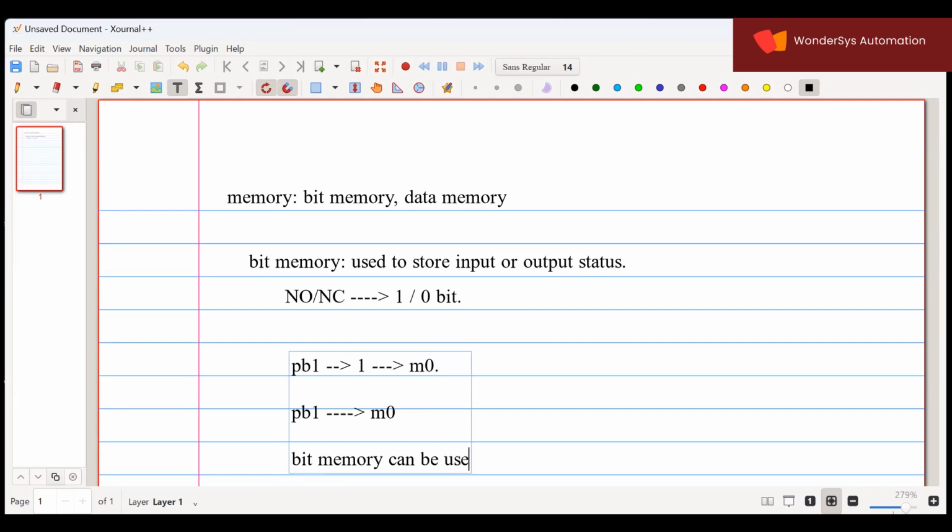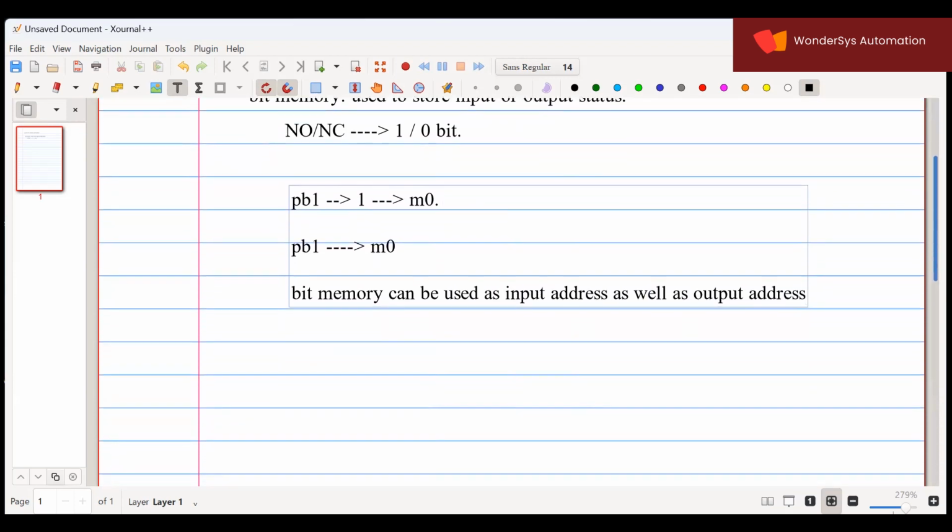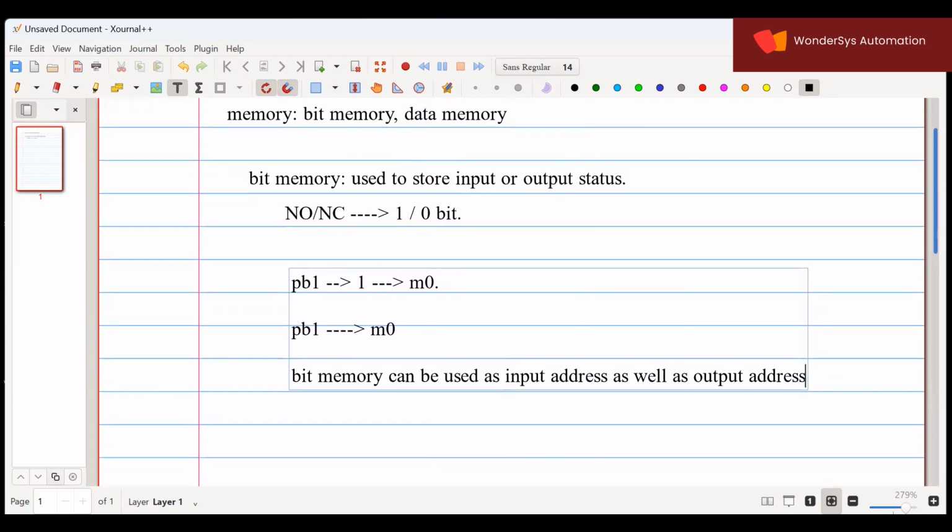But we can't see them physically. They are just registers, single bit registers we'll be using. Okay, any confusion in this? Understood now?